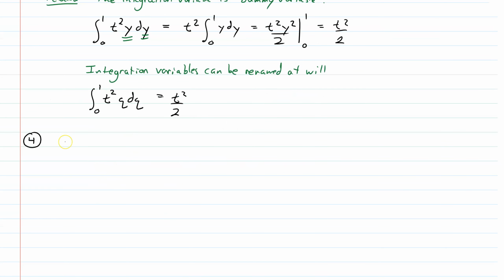Once you've thought about all of these things, you've thought about the variables that are showing up in the integral, you've thought about the units, I'm going to ask you to use a u substitution to change the variable to a dimensionless variable.